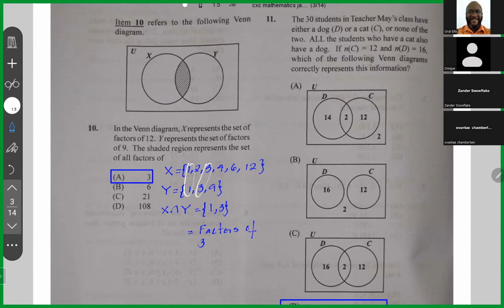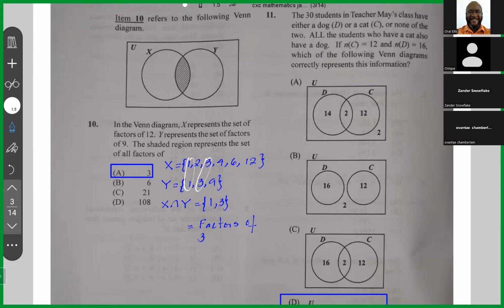So X intersect Y is the set 1, 3. And 1 and 3 are the factors of 3. So the only 2 numbers that can go into 3 without leaving a remainder are 1 and 3. The answer for 10 is A.